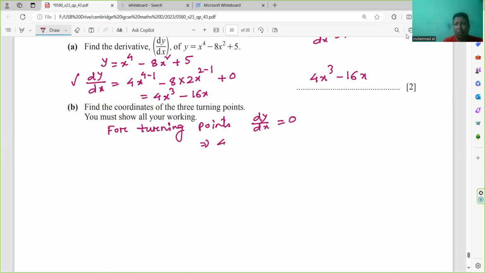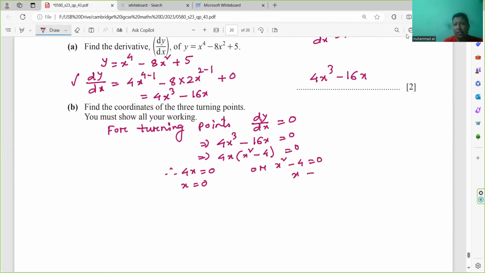After that, 4x cubed minus 16x equals 0. Take common 4x, so it will be 4x(x squared minus 4) equals 0.